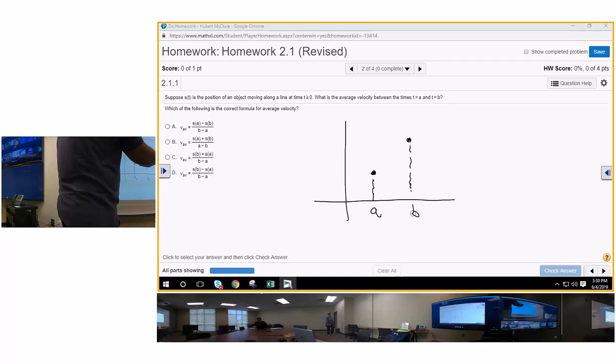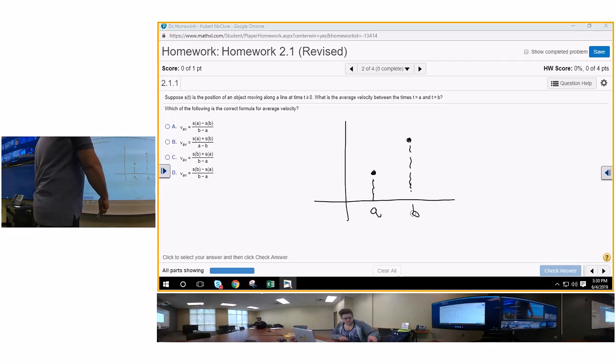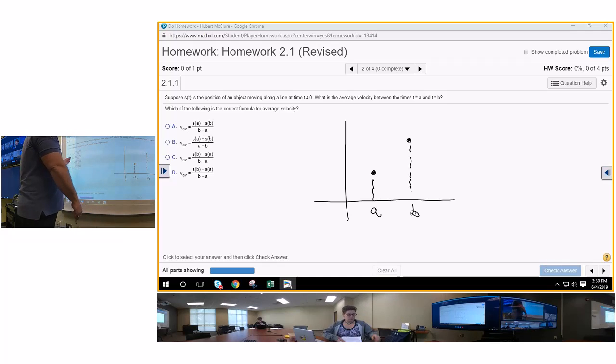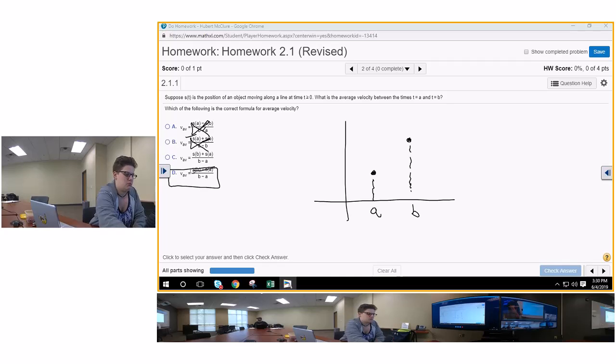So s of b minus s of a over b minus a. So whichever has b minus a, so it's not that one. And this one is crisscross, so that's not it. Looks like that one, right here. So D would be your answer.